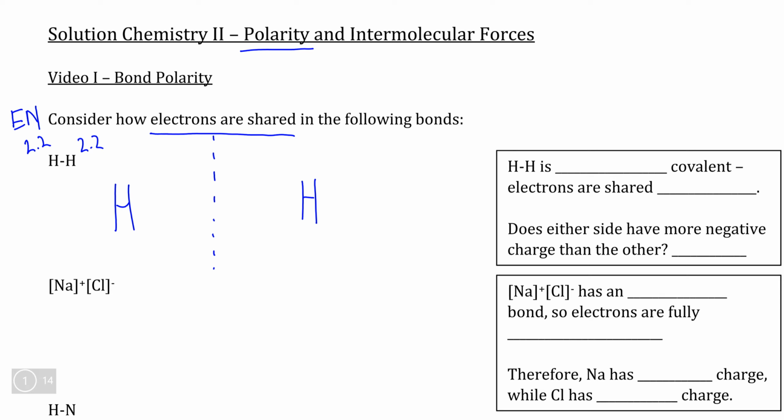So if this dotted line represents exactly halfway in between the two hydrogens, that would mean that the two electrons within hydrogen's bond would be exactly on the line like this, showing that these electrons are shared completely equally.